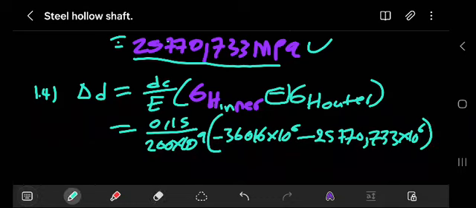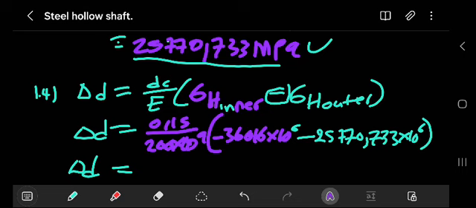Then let's see what we'll get there. 0.15 over 200 times 10 to the power of 9 into negative 36,016 times 10 to the power of 6 minus 25,770.733 times 10 to the power of 6.